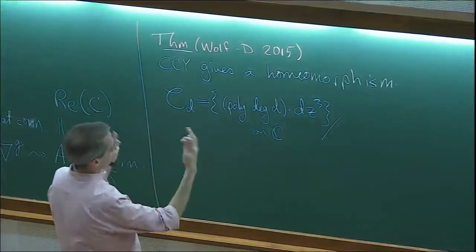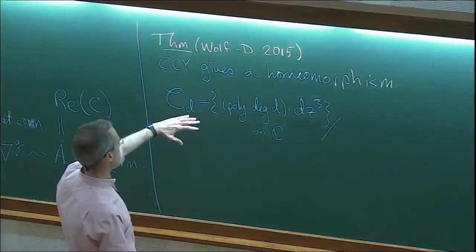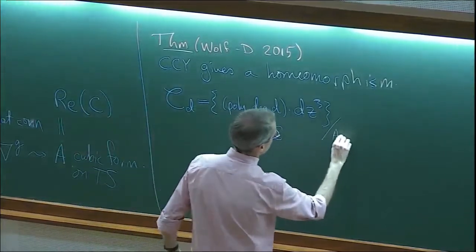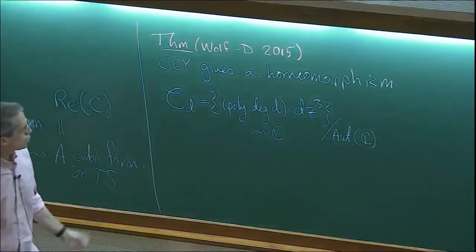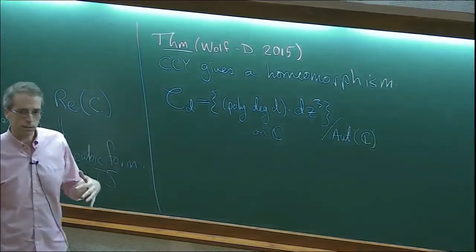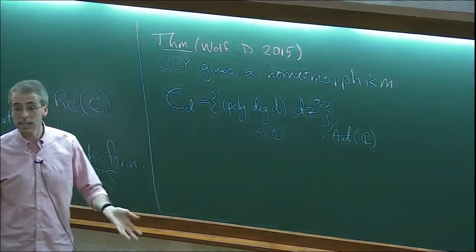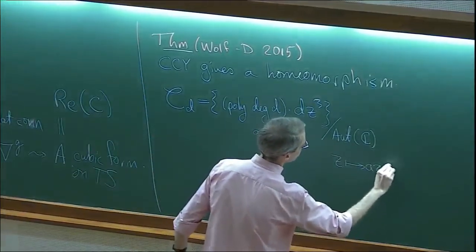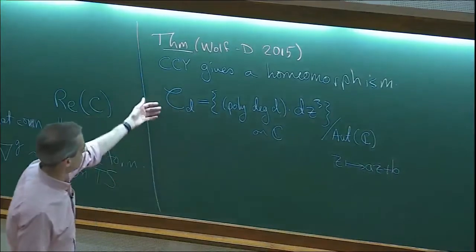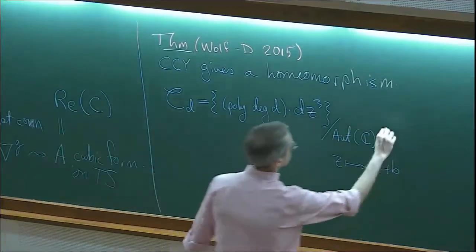And I said it's a moduli space, so I want to actually quotient by a natural notion of isomorphism here, and that's going to be if two polynomial cubic differentials are related by a complex affine map, z goes to az plus b under pullback, then you declare them to be equivalent, to be the same point in this moduli space.